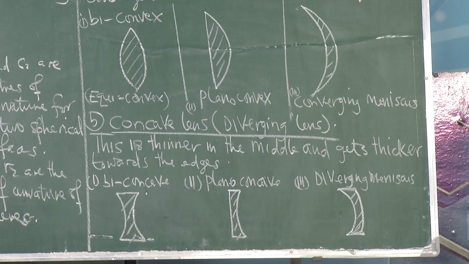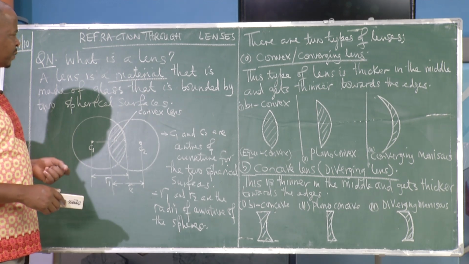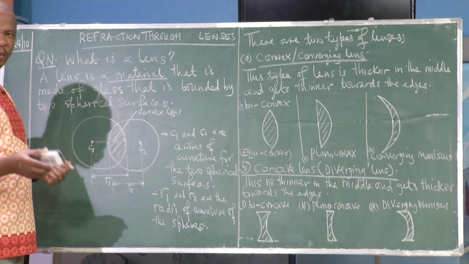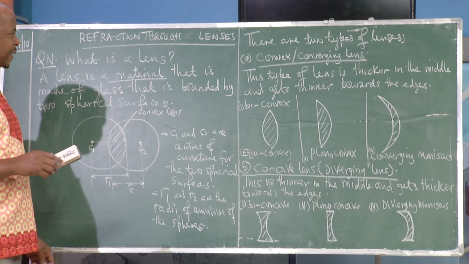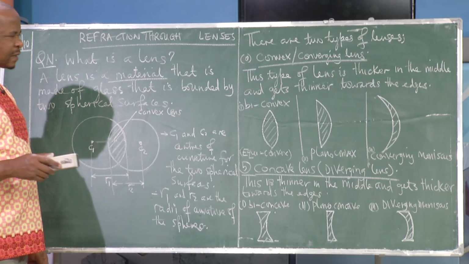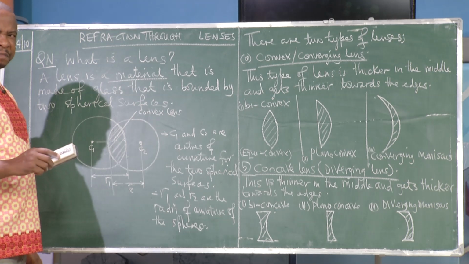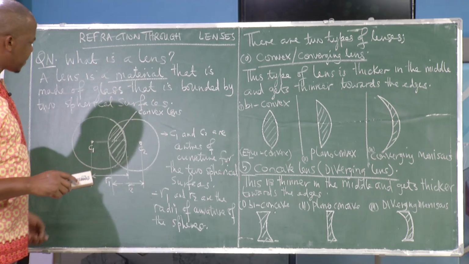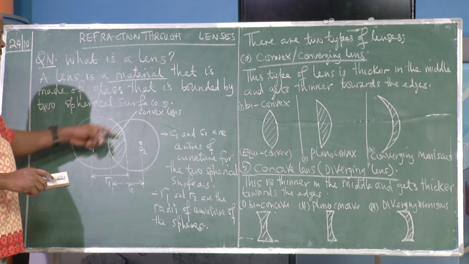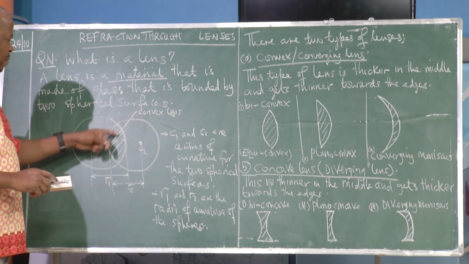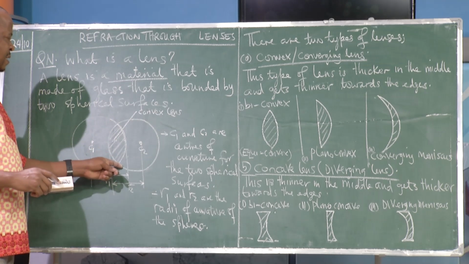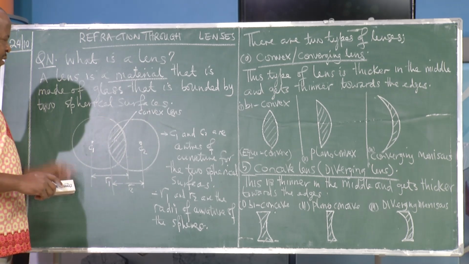I want to assume that we have been able to capture what a lens is, if they ask you to define a lens or to explain what you understand by the term lens. We have said it is a material made of glass and bounded by spherical surfaces. The spherical surface of the sphere with center C2 bounds this side, and the one with center C1 bounds the other side.